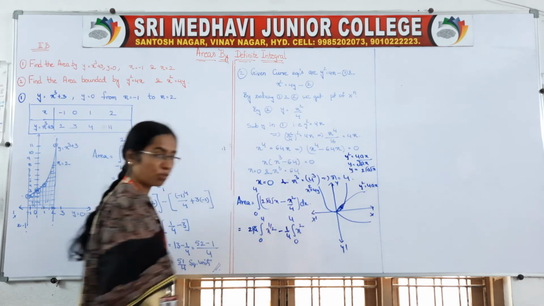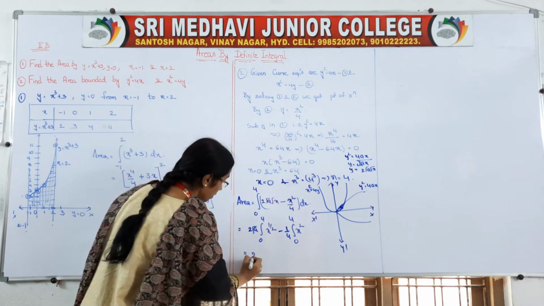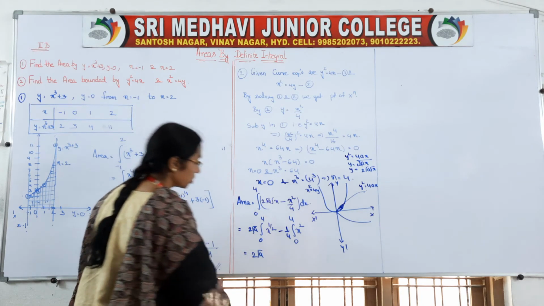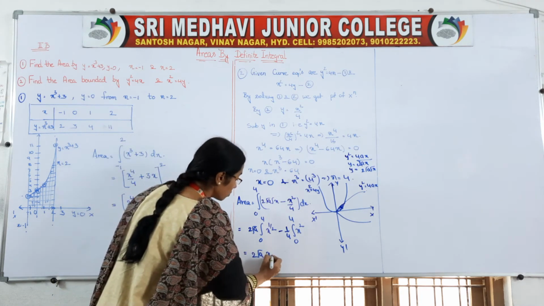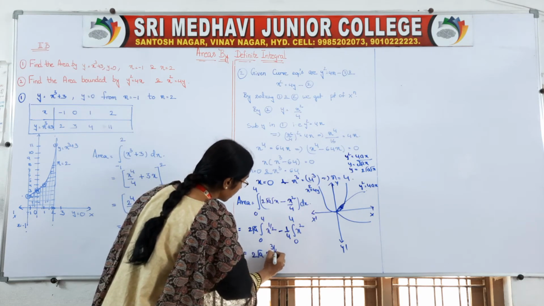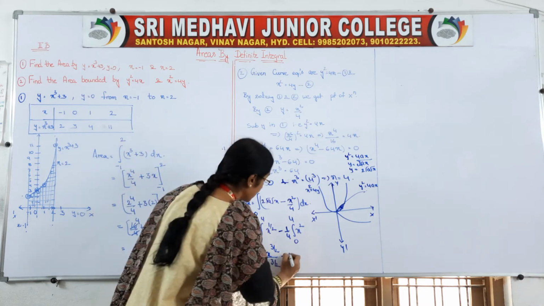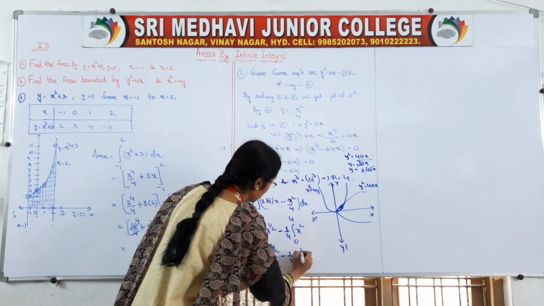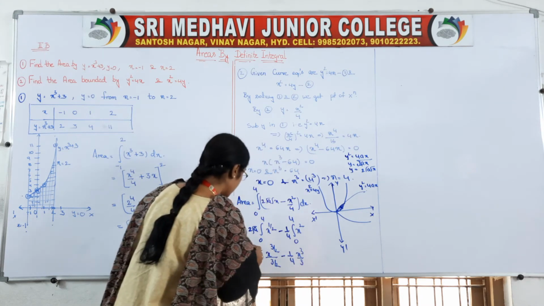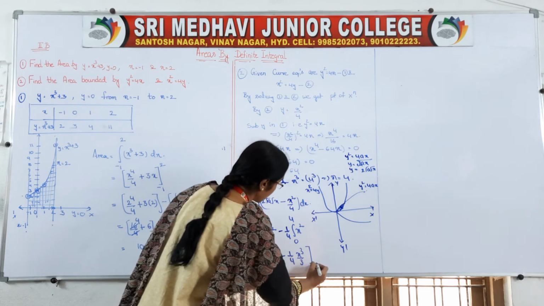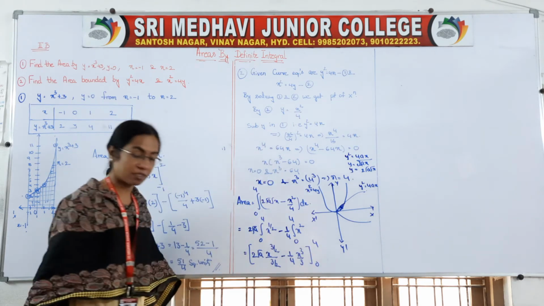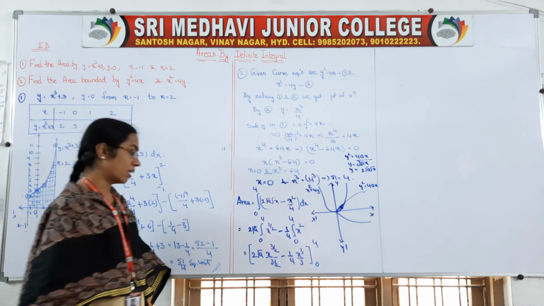So it is equal to 2 root a, and this is x to the power of 1 by 2 plus 1, that is 3 by 2, over 3 by 2, minus 1 by 4 into x cube by 3. For this we have to take the limits 0 to 4.